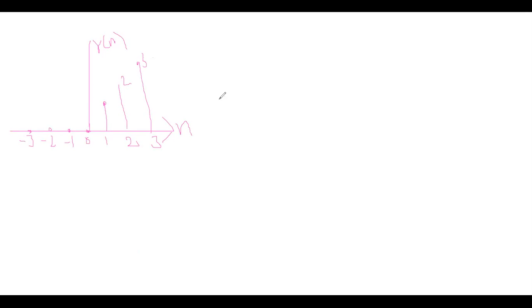Okay, and minus 3, minus 2, minus 1, 0, 1, 2, and the 3 are of n values. So r of, previously we can take r of minus n plus 1.